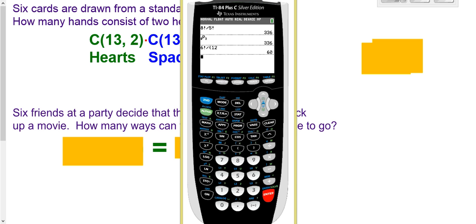Well, you'd pull up your calculator and you would go 13, math, arrow over prob, select number 3 for combinations, and then 2. If you wanted, you could also arrow to the right, and then you could type in the next one for the blue, and do it all in one line.